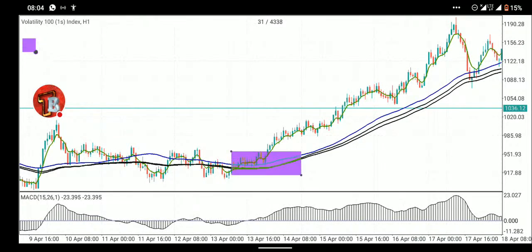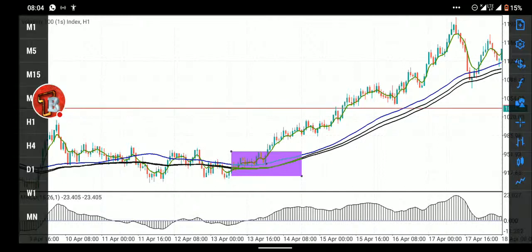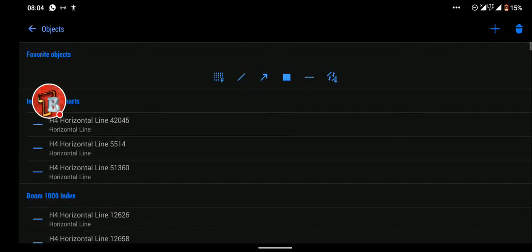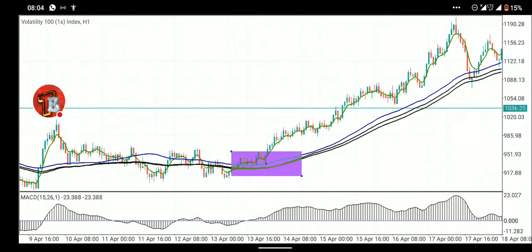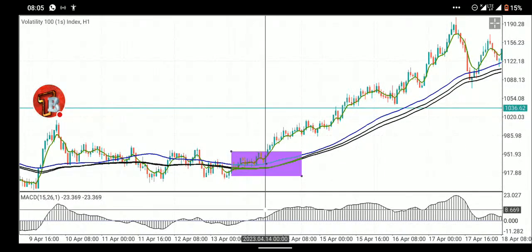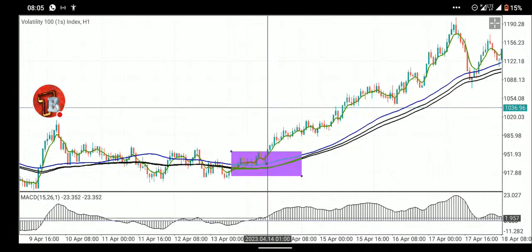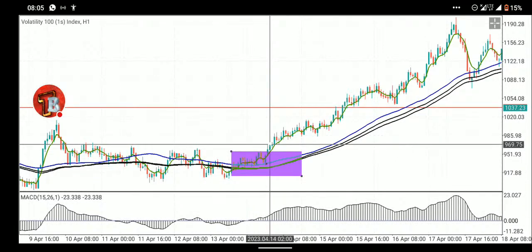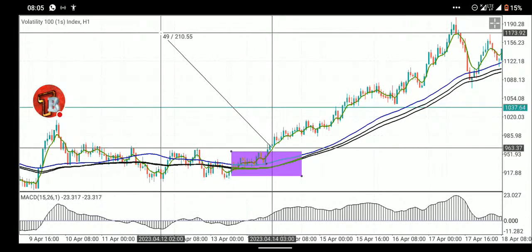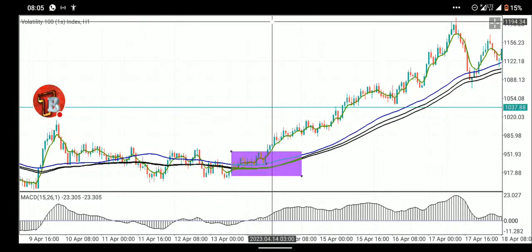We're looking for that break after the consolidation. We're looking at taking the market right here, all the way up, about 200 pips. So that's how to trade the market.